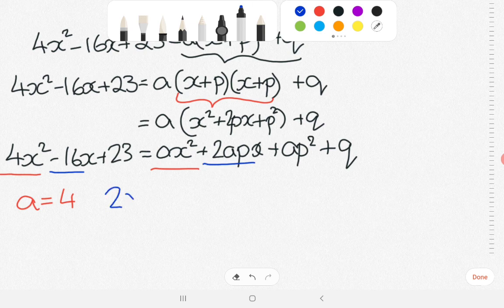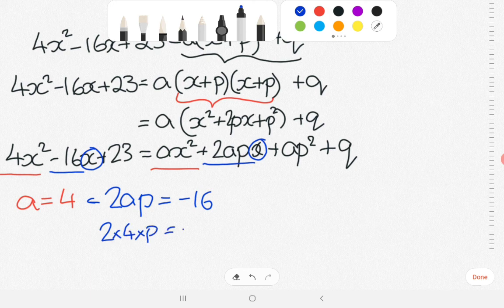So 2ap must be negative 16, because these are the things that are both in front of the x's. Now we know a was 4, so I've got 2 times 4 times p is minus 16. So 8p is minus 16, so p is negative 2 if we solve that.